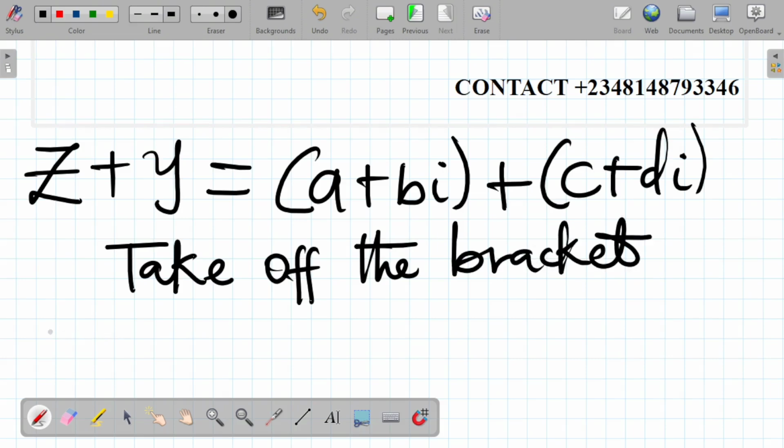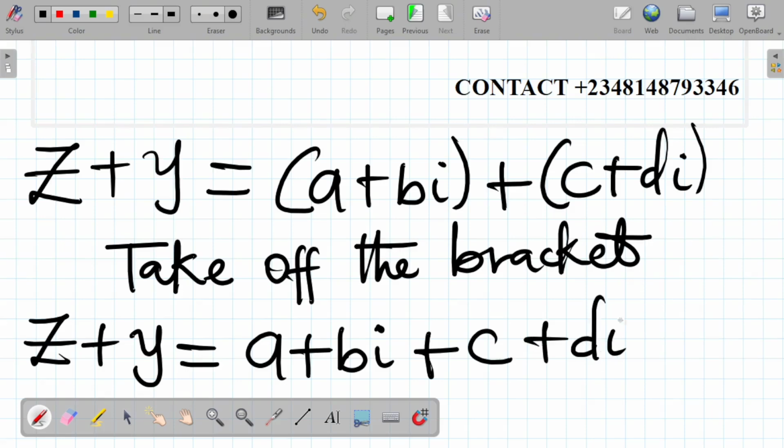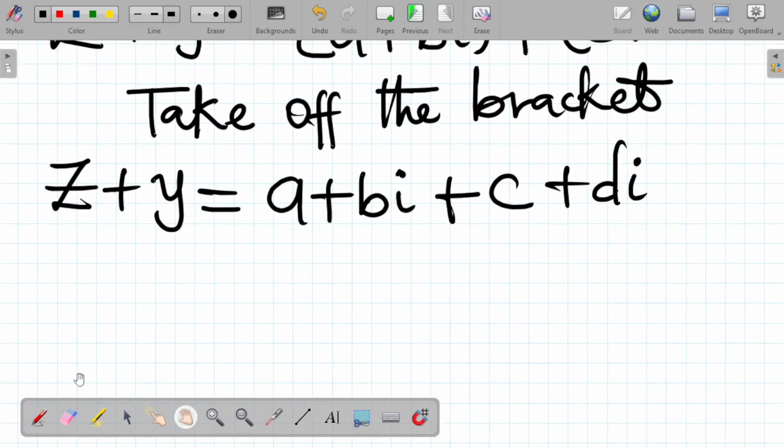So we have z plus y is equal to a plus bi plus c plus di. Our next task is to take the real part and add it up, and then take the imaginary part and also add it up.